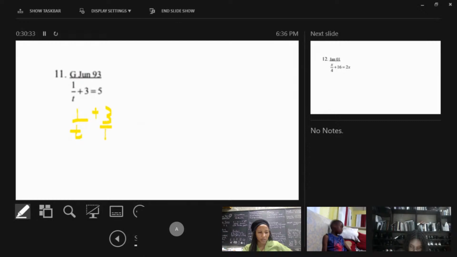And then we find the lowest common multiple. What happened to the 5? Yes, miss, we simplify, 5 over 1. We then find the LCM of t and 1, miss, and that's t.